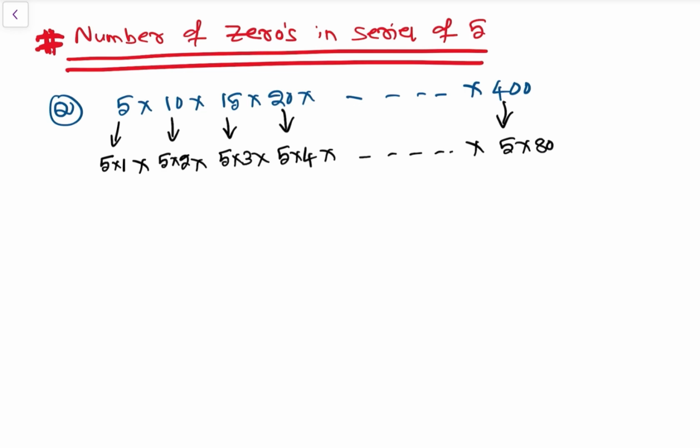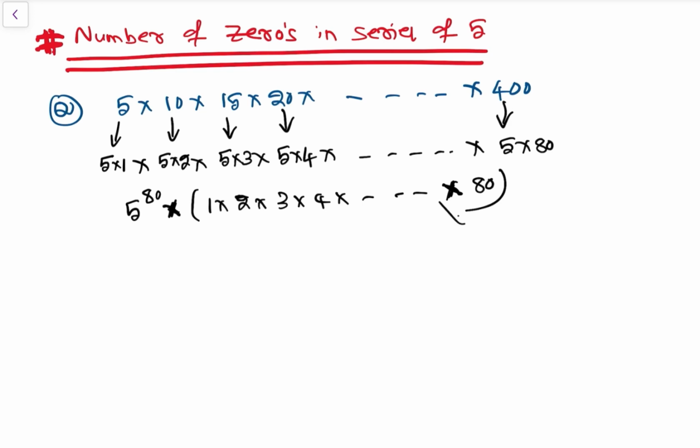So it becomes 5 to the power 80 into 1 into 2 into 3 into 4 into so on into 80. ठीक है. So now this is a consecutive series.